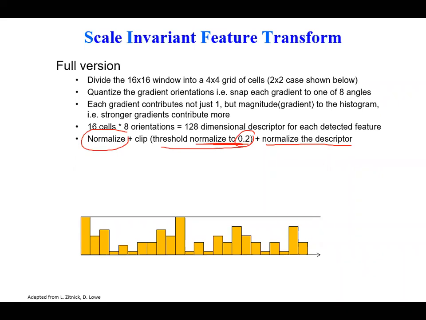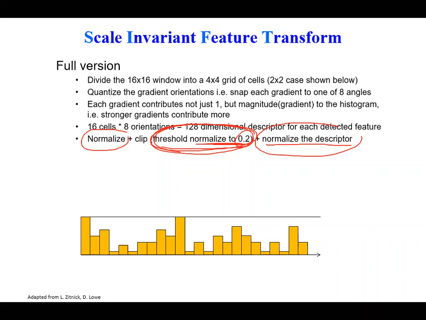So we understand why we need to do that, in order to eliminate, for instance, a higher magnitude value. But why do we need to normalize the descriptor? We need to normalize the descriptor because, if you remember, I told you that after we have a descriptor from the left image and a descriptor from the right image, we need to do feature matching, correct? And if I would like to do correct feature matching, I always have to normalize my magnitudes.